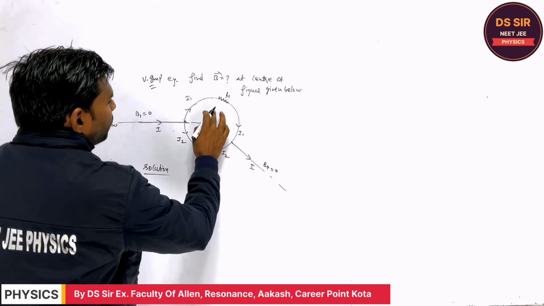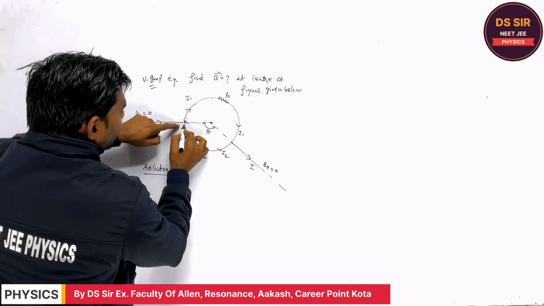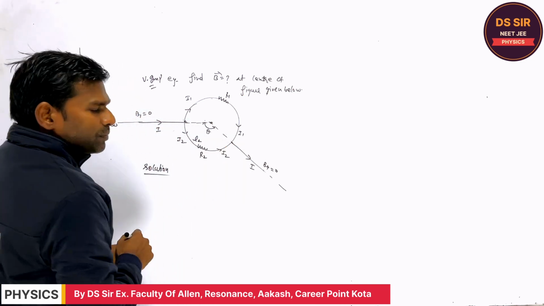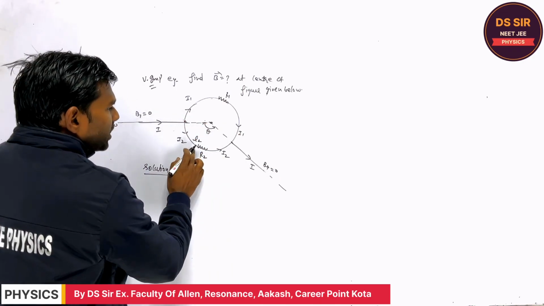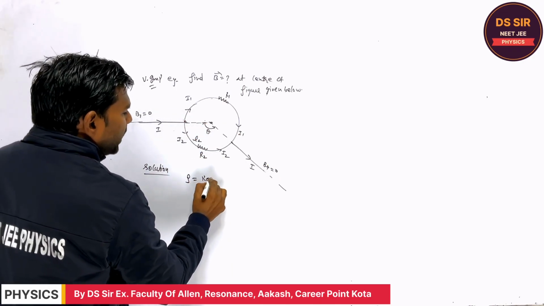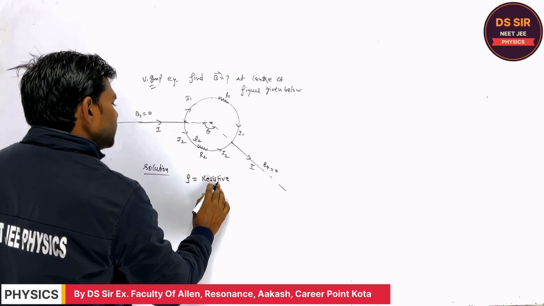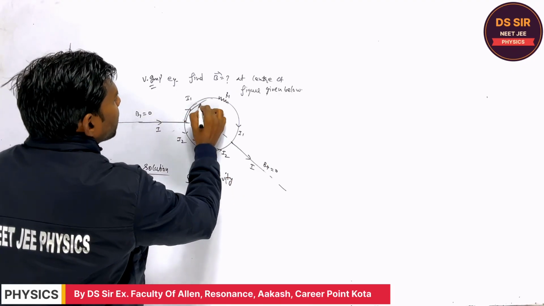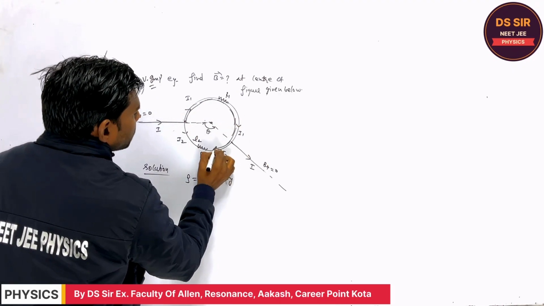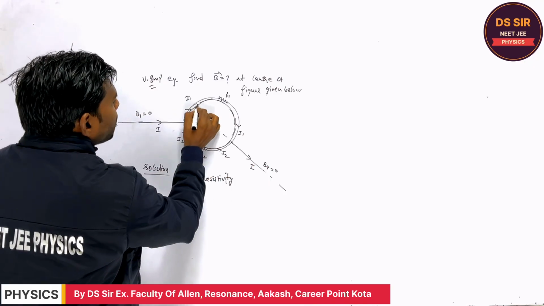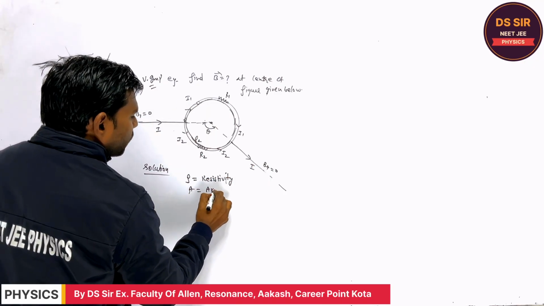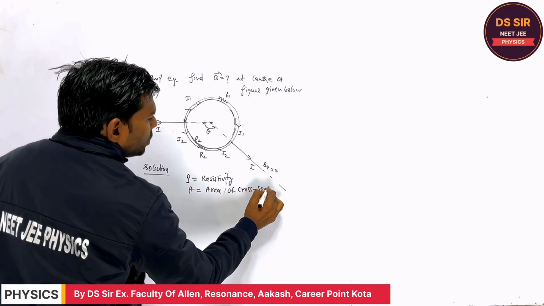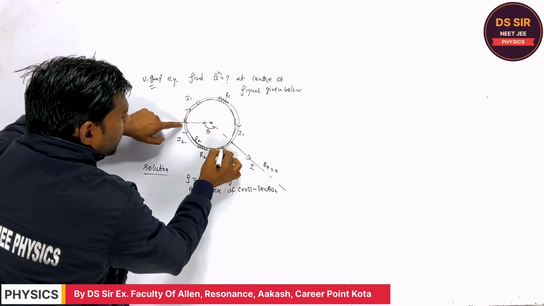Yes. So if this angle is theta, the second part, right? Suppose this length is L2. And the resistivity of the wire is rho, right? And this is the wire like this, right? So it will have the cross section area A. So what is the resistance of this part, R2?